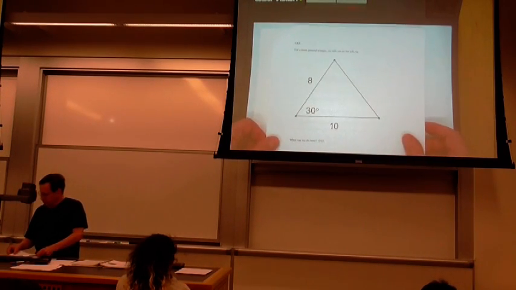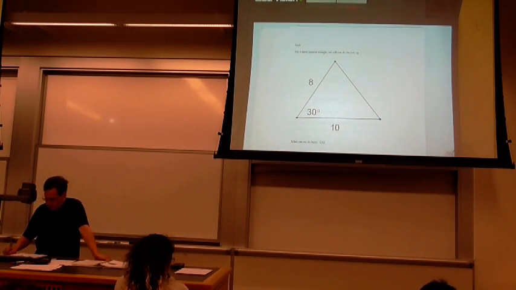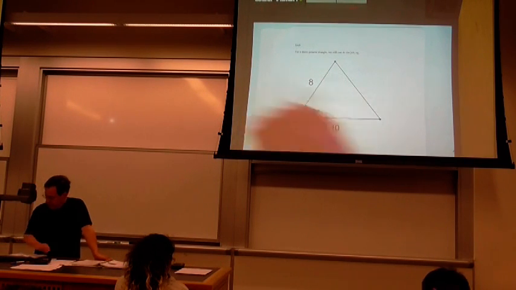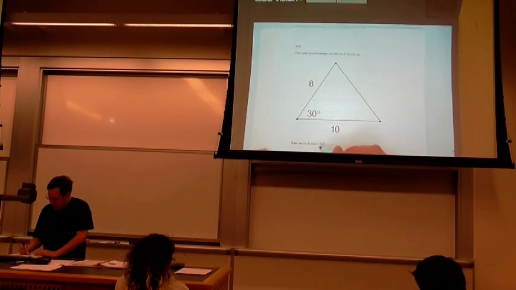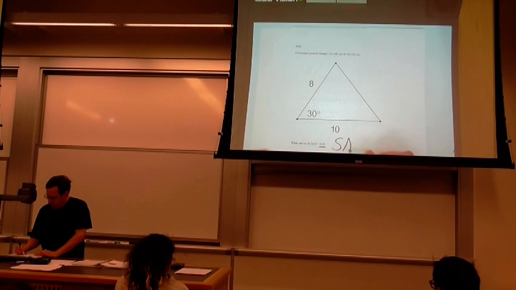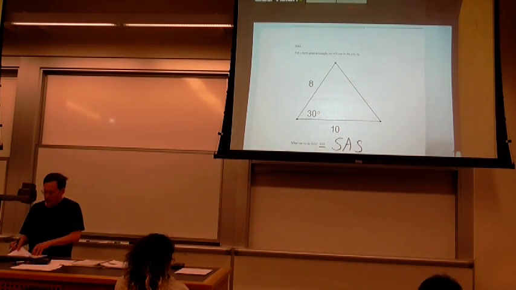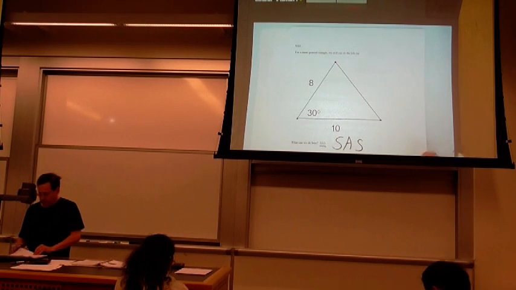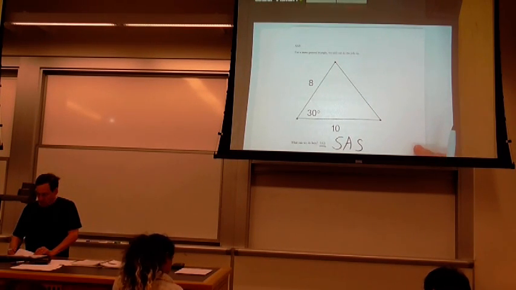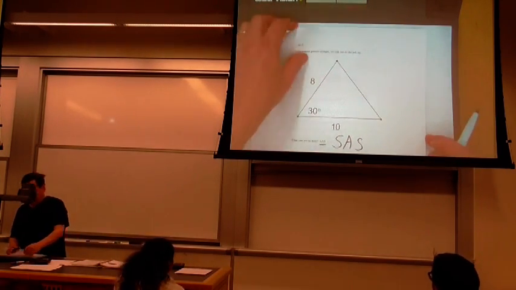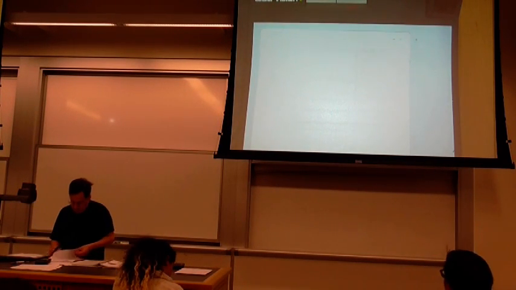Here's a more general triangle. This fits under the category of SAS, right? We know it's determined, but how can we figure this triangle out? Well, I'm just going to go through it.